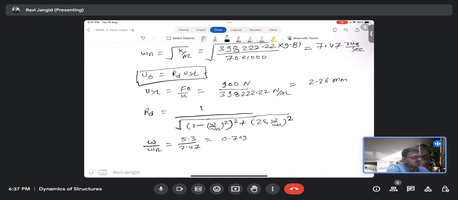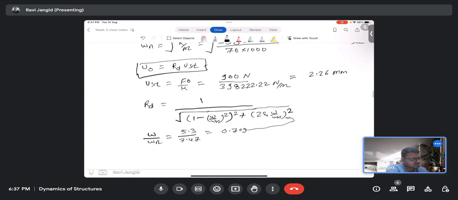So now putting this value into RD, find the value of RD. Put omega by omega n as 0.709, with damping of 5%. It is coming 1.993, so it is coming 1.99, and we can write it as 2.